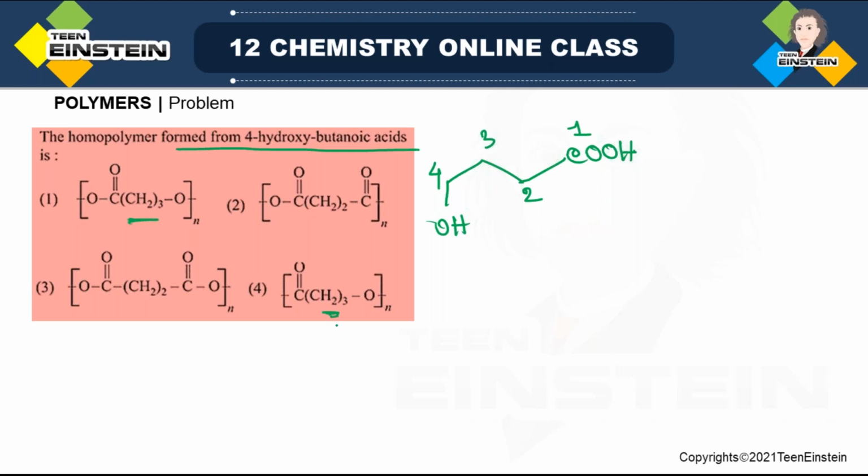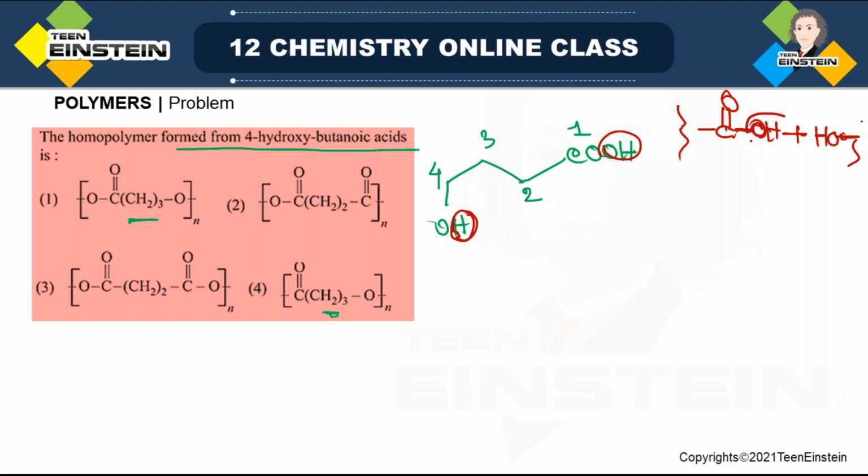That means 2 and 3 cannot be correct. Now in these two groups present on both sides, this H is taking part and this OH is taking part. Remember how an ester is formed. CO2H group, and the rest of the part not required, and HO group, the rest of the part not required.